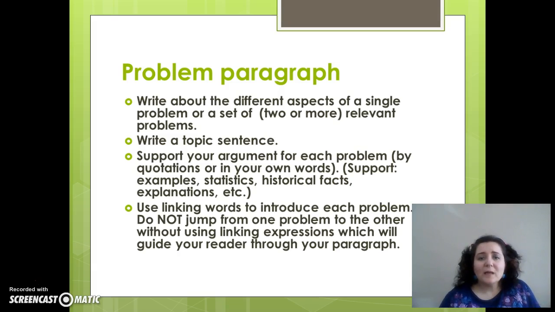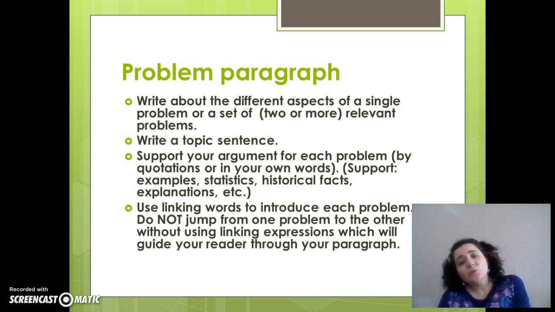These are all the signposts that you use to guide your reader in your line of thought, so that he or she can understand you very clearly.